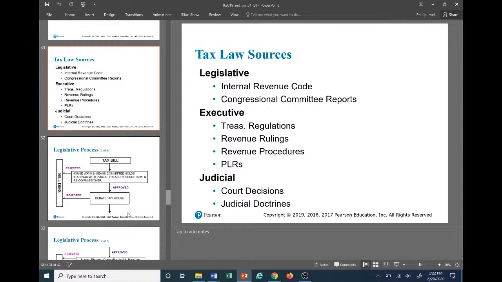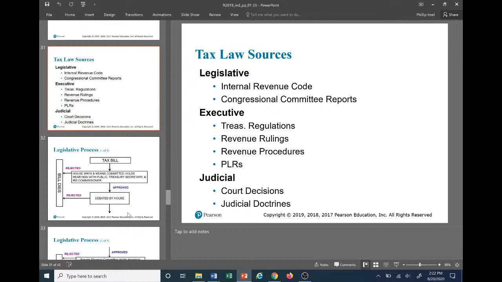The executive tax law sources include proposed, temporary, and final Treasury regulations, IRS revenue rulings, revenue procedures, private letter rulings, technical advice memoranda, and information releases. Judicial tax law sources include various levels of court decisions. So that's pretty much the layout of the tax law sources.